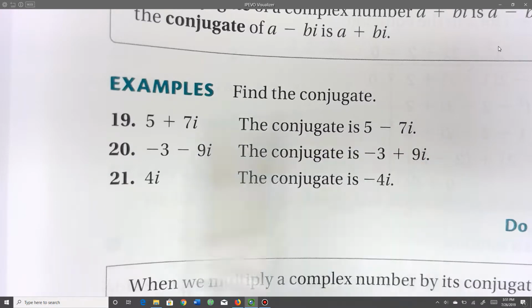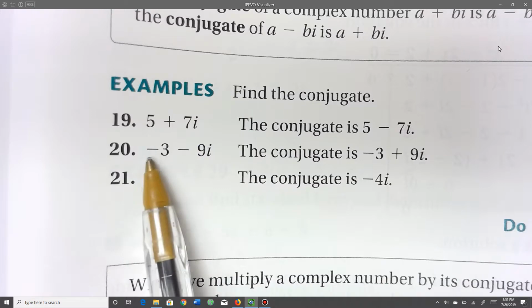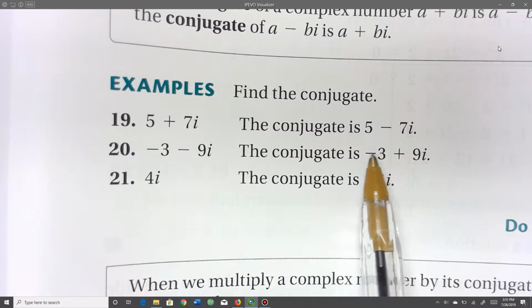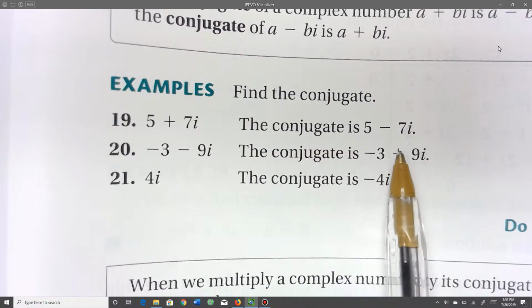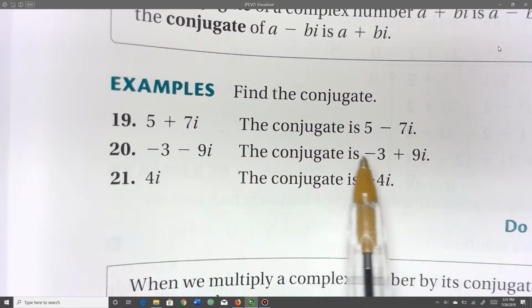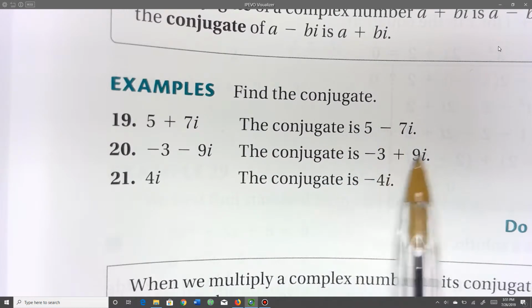The 5 stays positive. The conjugate of negative 3 minus 9i is negative 3 plus 9i. Notice how the first sign stays the same, only the second sign changes.